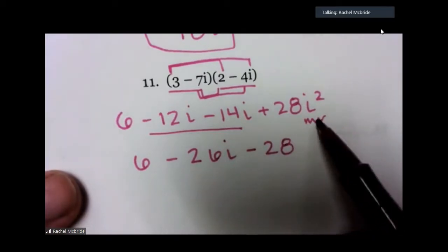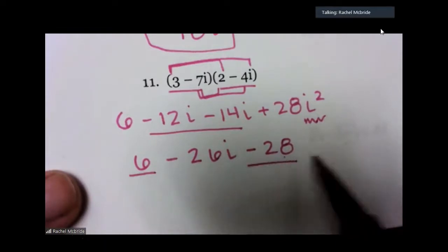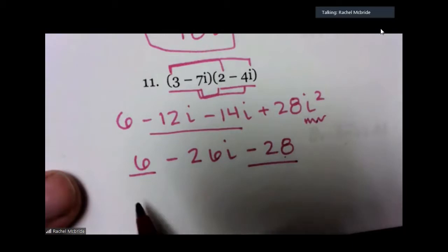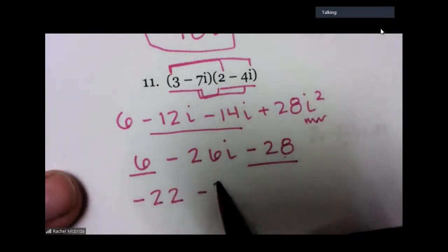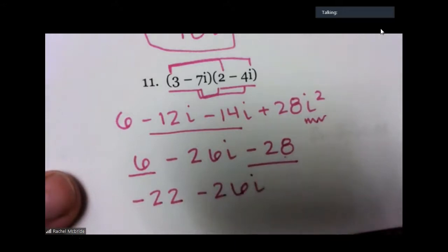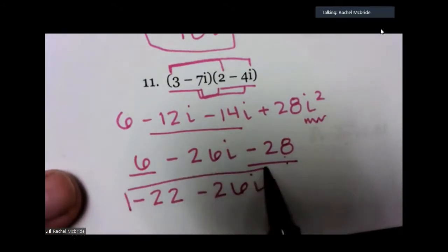And then when you change i squared to negative 1, you now have like terms with the numbers. So negative 28 plus 6 gives negative 22 minus 26i.